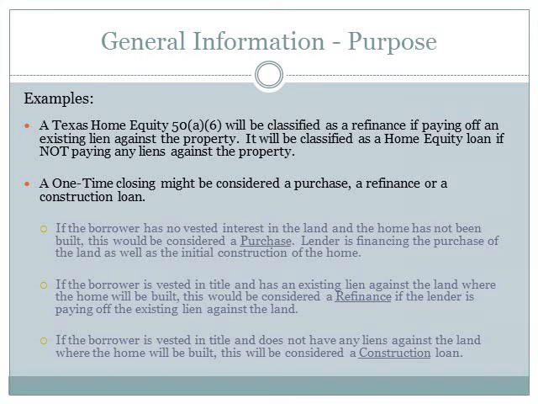If the borrower is vested in title and has an existing lien against the land where the home will be built, this would be considered a refinance if the lender is paying off the existing lien against the land. And then last, if the borrower is vested in title and does not have any liens against the land where the home will be built, this would be considered a construction loan.